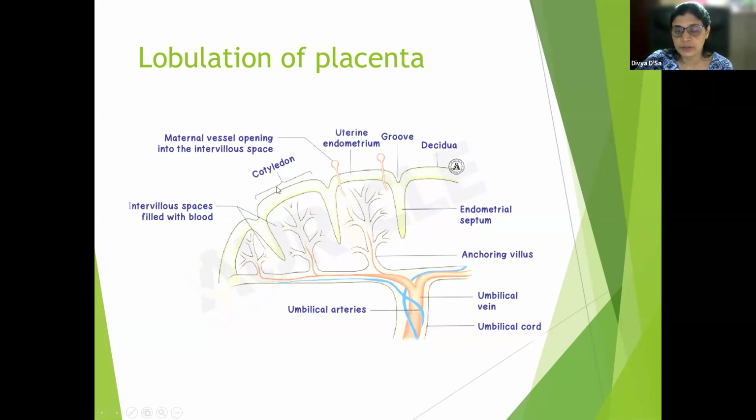It will project within this chorion frondosum part and form a groove, which forms the endometrial septum between these intervillous spaces. This leads to the formation of lobulation of the placenta. So the placenta is divided into many lobules.